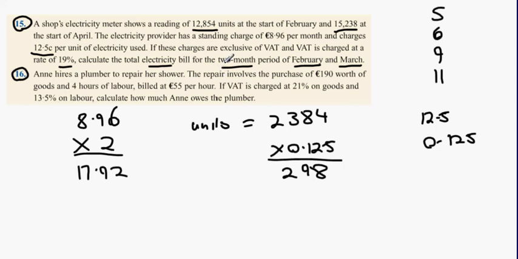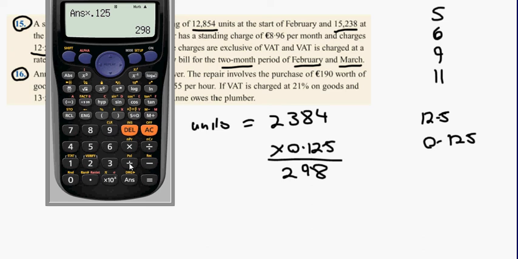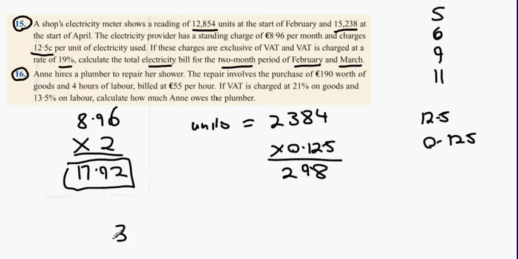Okay, so 298. Now we're going to add them both together. So 298 plus the 17.92. What we get now is 315.92. Now this equals 100% of your charge before VAT is added.